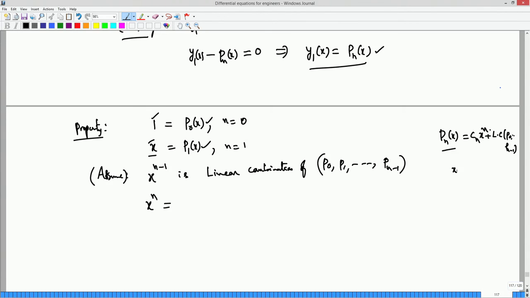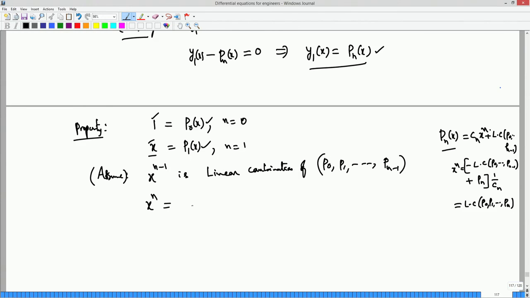And so, you have x power n is simply Pn minus a linear combination of P0 to Pn minus 1, this whole thing divided by Cn, 1 by Cn, right. So, what is this actually? This is simply a linear combination of P0, P1, Pn, okay.